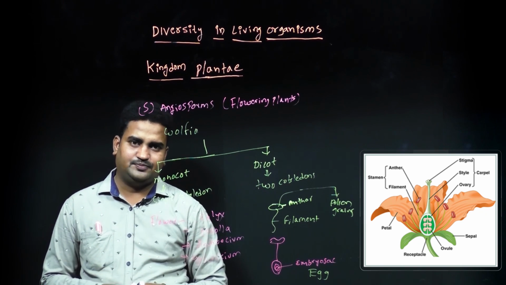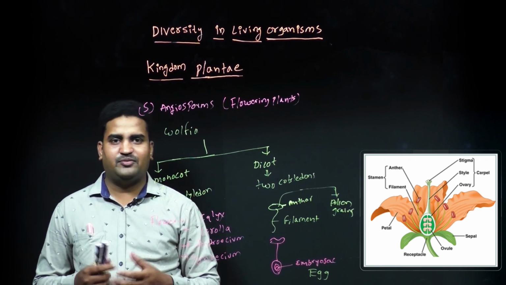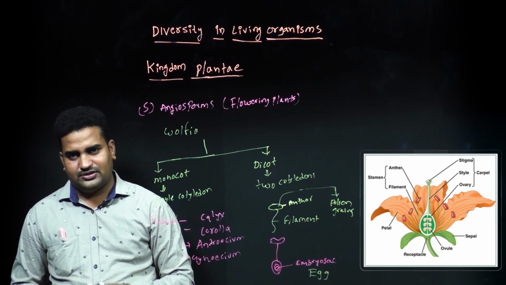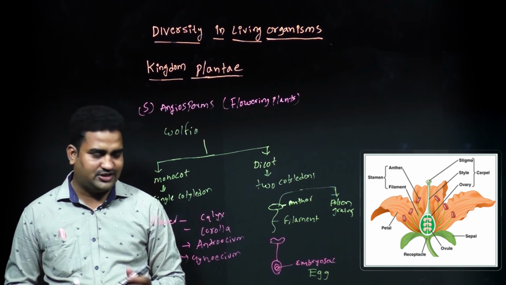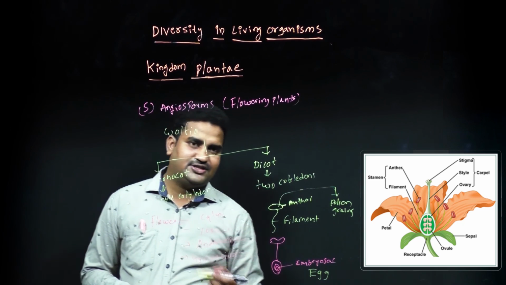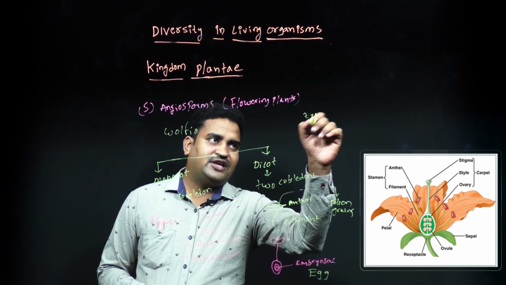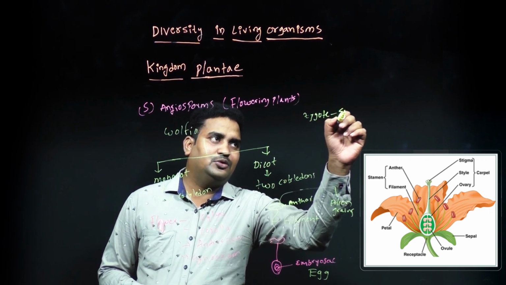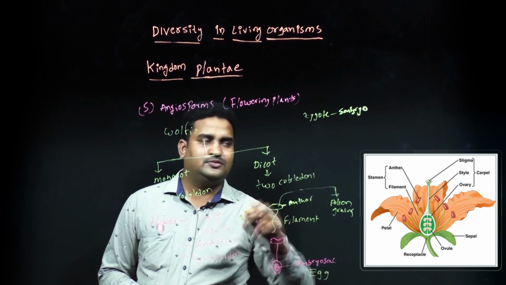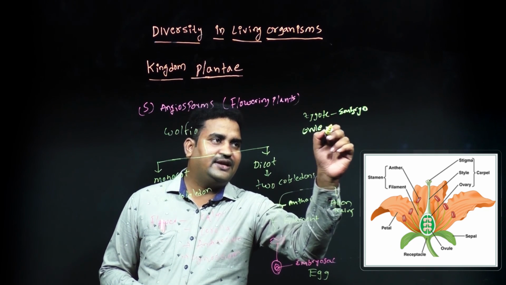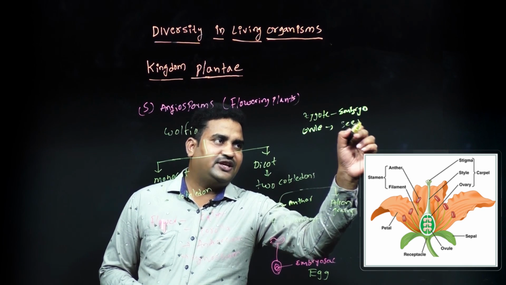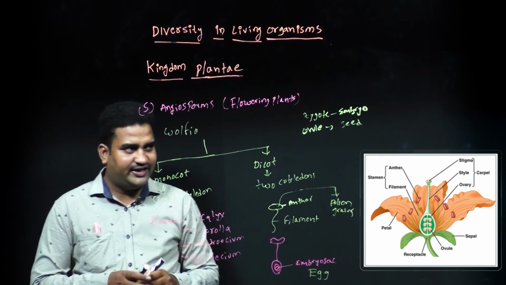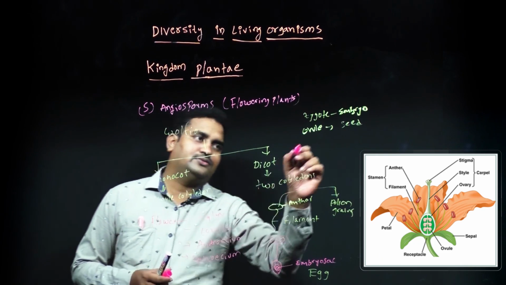This male gamete fuses with the egg and forms the zygote. This is known as fertilization. So after fertilization, the zygote gets converted into embryo, ovule gets converted into seed and ovary gets converted into fruit.